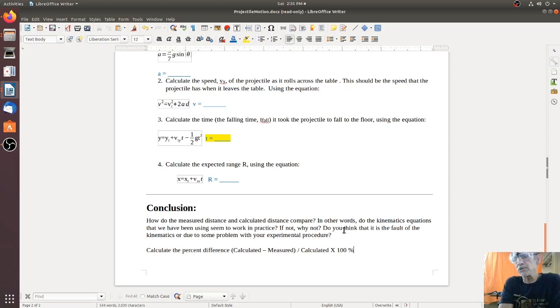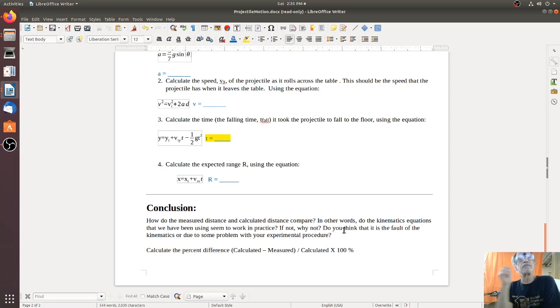This number tells you whether you're in the ballpark or not, whether you've made any glaring errors. Anything less than 10% difference for experiments that are being done in your basement, I'm very impressed by. If you get less than a 10% difference, you should feel quite proud of yourself, because it means you did the procedure pretty carefully.